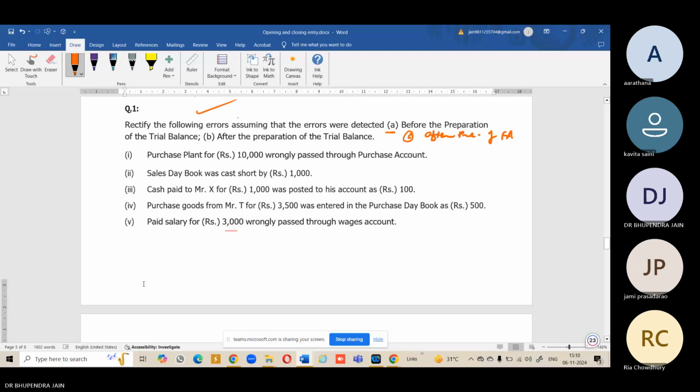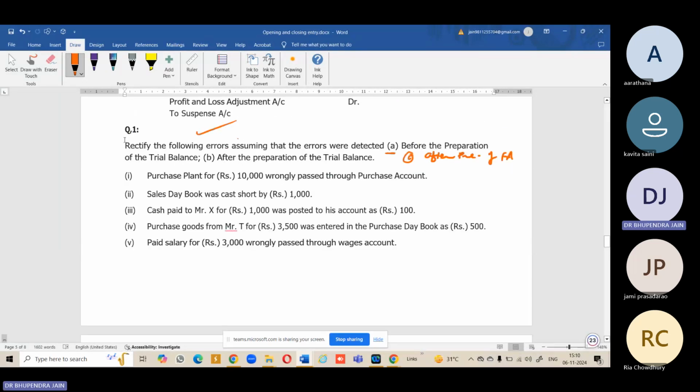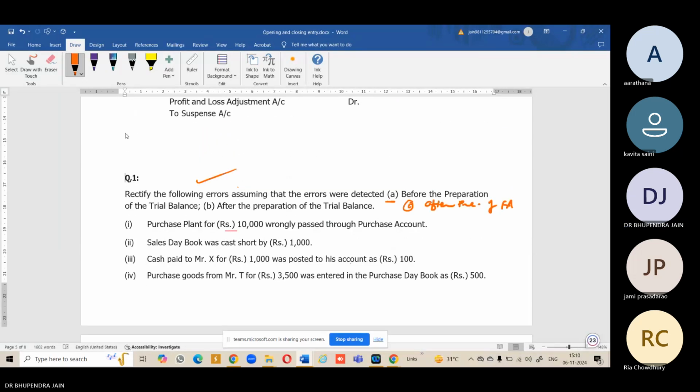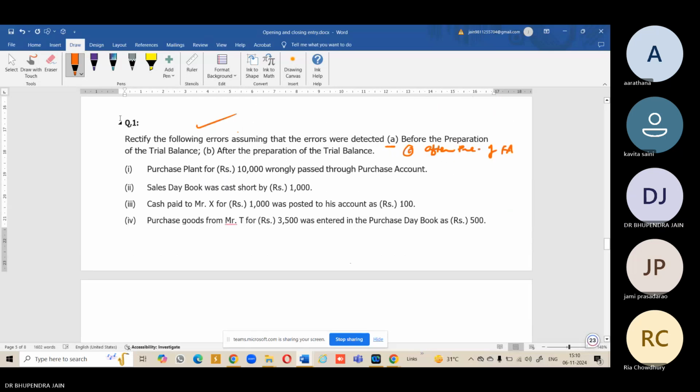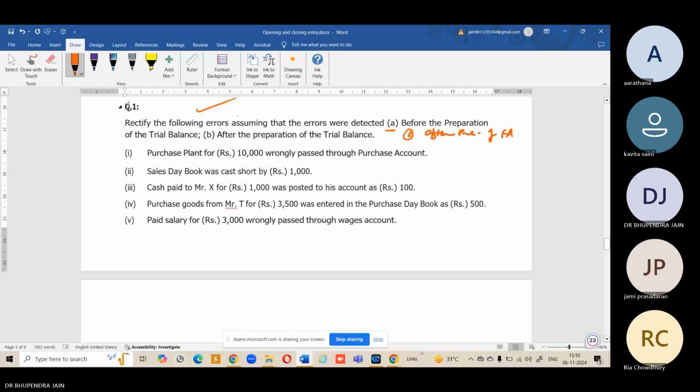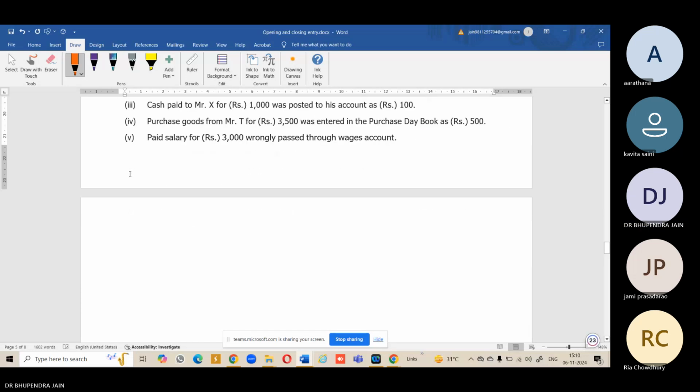In the books of Messrs., well, the name of the firm.